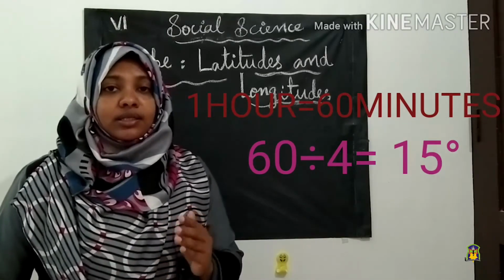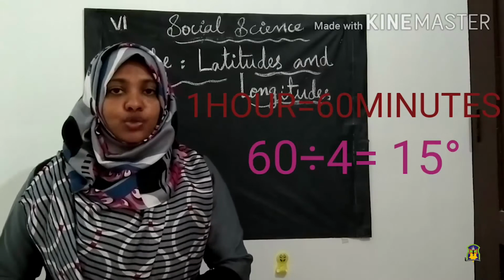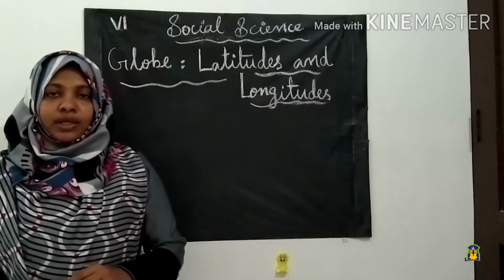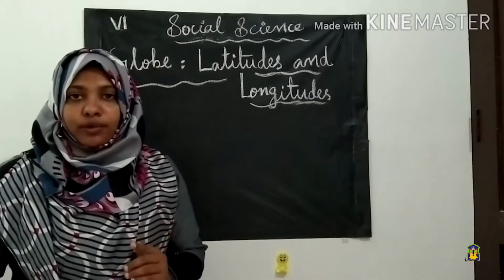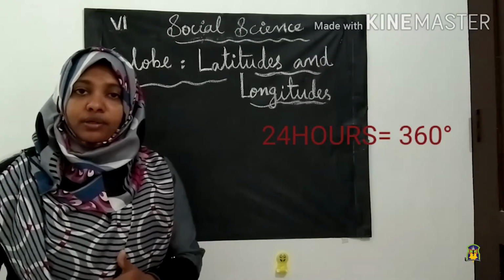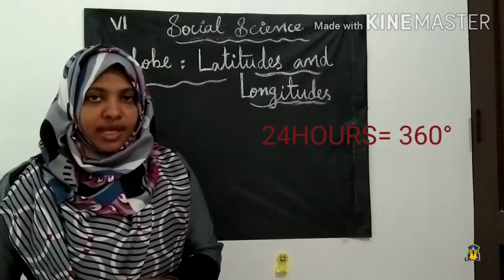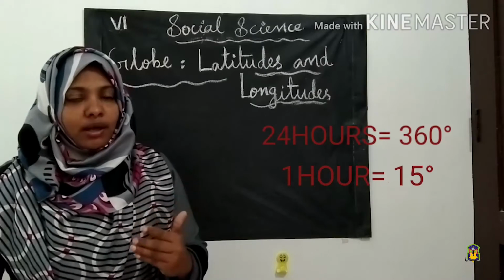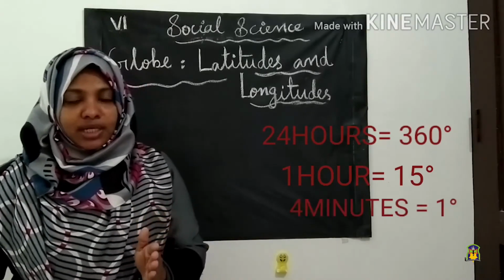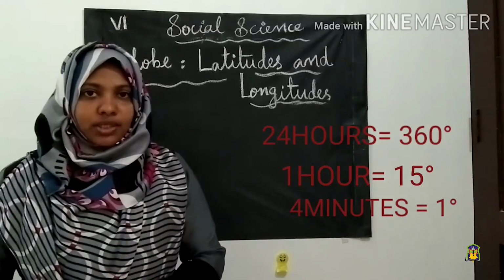So the earth takes 1 hour to cover 15 degrees of longitude. So the earth takes 24 hours or 1440 minutes to cover 360 degrees, 1 hour to cover 15 degrees, and 4 minutes to cover 1 degree.